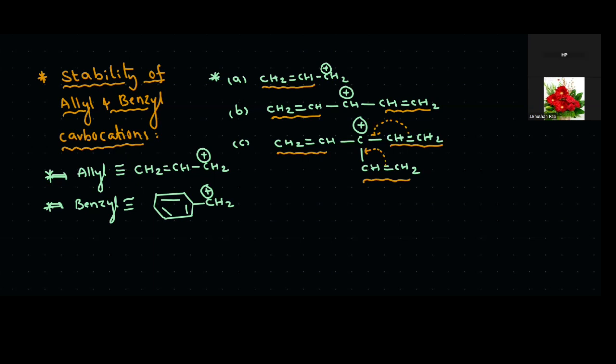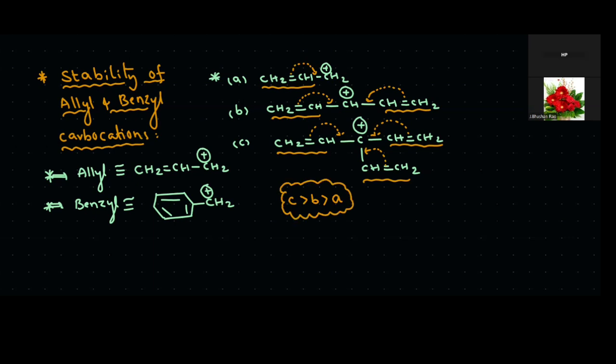This one, three possibilities. Then in the second case, one, two, here only one possibility. Now, which one is more stable carbocation in this? By using these cases, C is always more stable than B, B is more stable than A. This one is the stability of allyl carbocation. So more the resonating structures, more will be the stability.